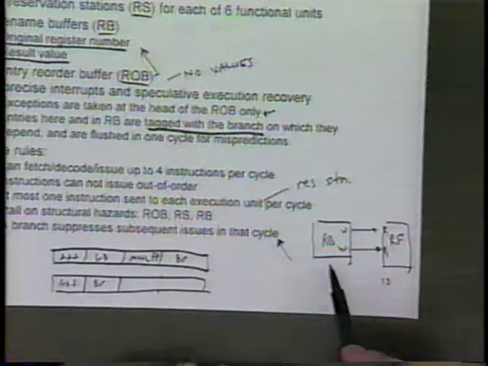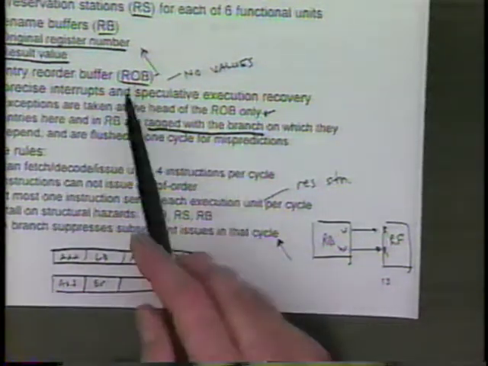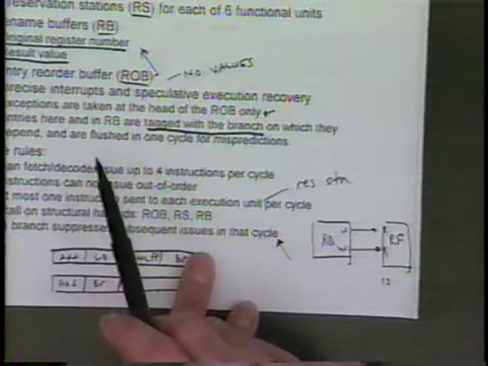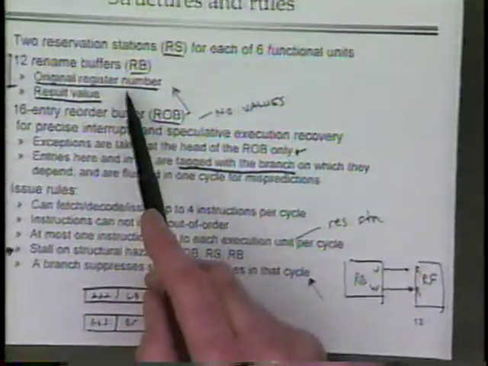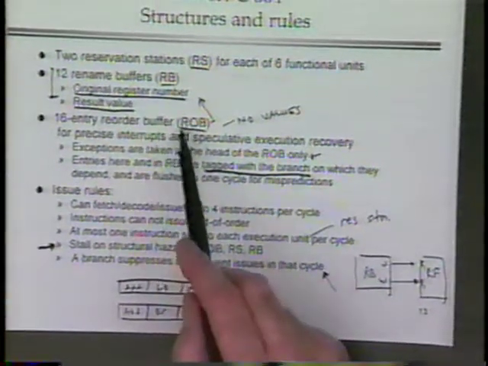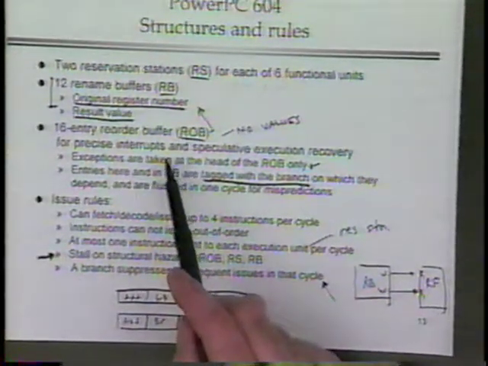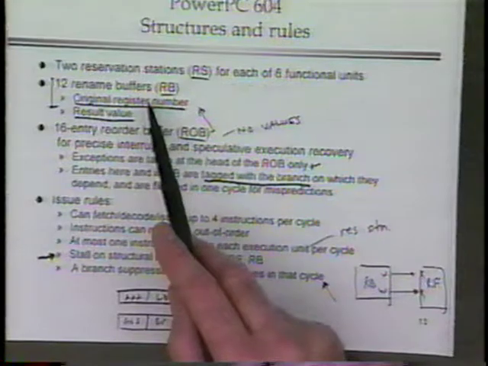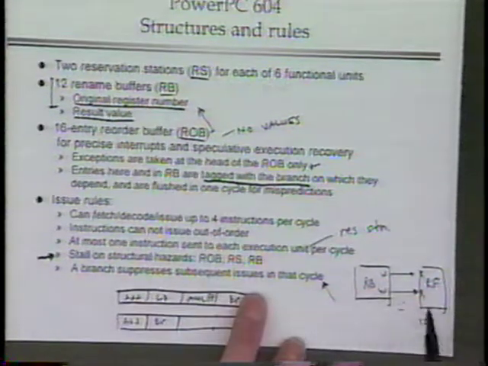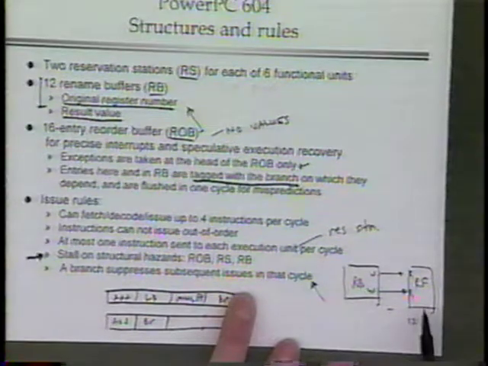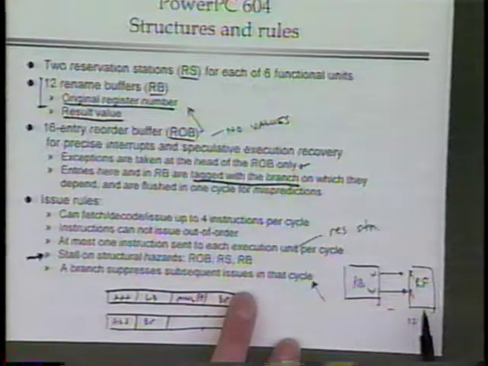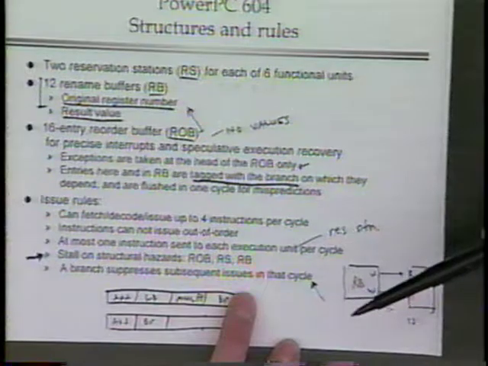So if you've got two instructions at the top of the rename buffer with results waiting to get written back to the register file, their entries are both at the top of the reorder buffer. The reorder buffer points to rename buffer entries, both of which are ready to be written back to the register file. In fact, for the integer register file, you can retire both of those instructions in one cycle. There are also duplicate structures for floating point.